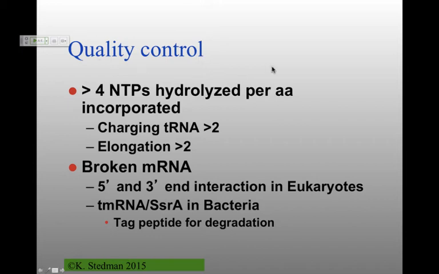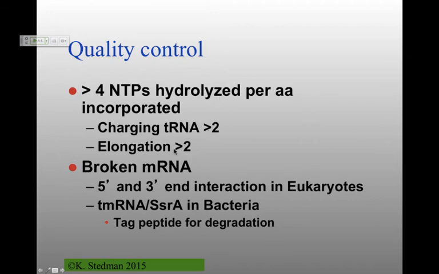Just as a reminder, lots of NTPs are hydrolyzed for every amino acid that gets added to a growing chain. So this burns very large amounts of nucleotide triphosphates, and this is just elongation. Charging a tRNA, you need 2 ATPs.